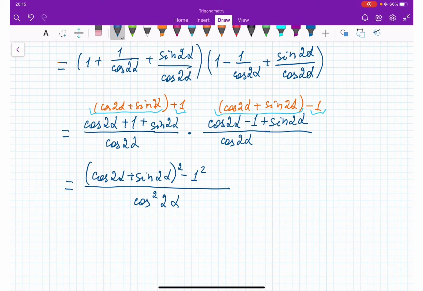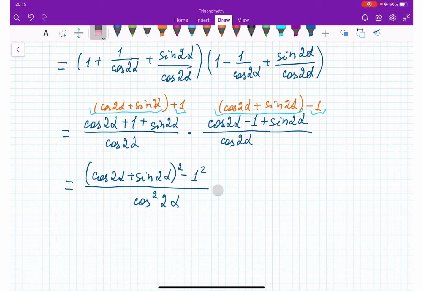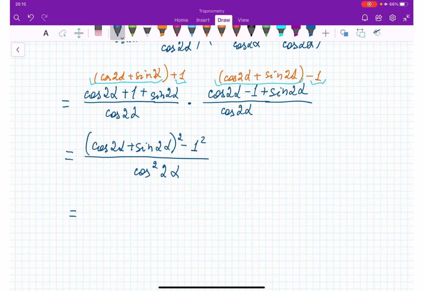So let's see how much we will get here. All right, so we need to open the formula cosine alpha plus sine alpha squared. It's like a plus b squared, which is a squared plus 2ab plus b squared, right? Okay.